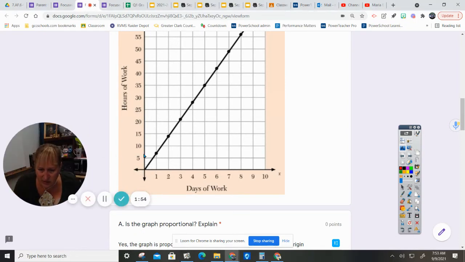So see how this one is not directly on two lines? It's not at a corner. So I'm going to run up this line and try to find one where it is corner to corner. And that would be right here. So I'm going to label this point like I've done before. And it is 5, 35. So that's the point that I'm going to use.